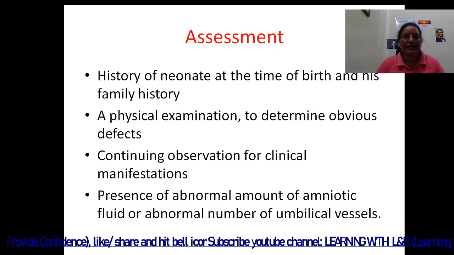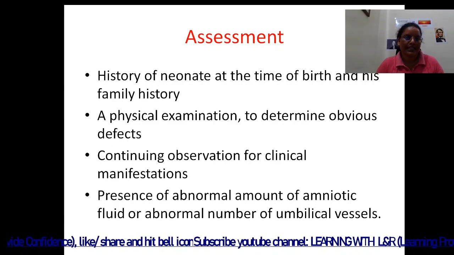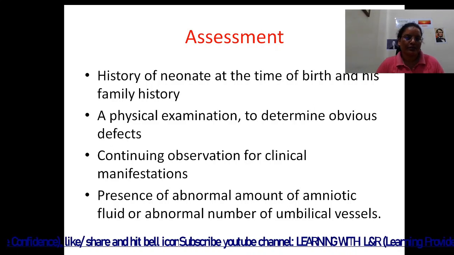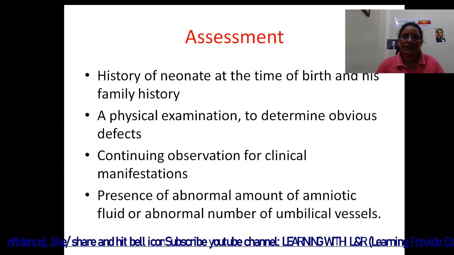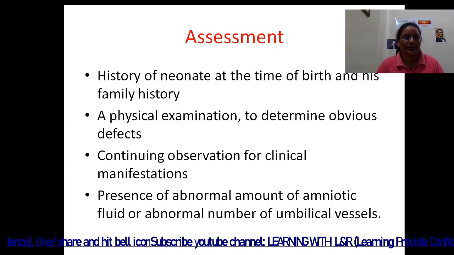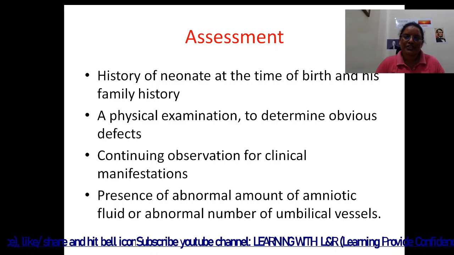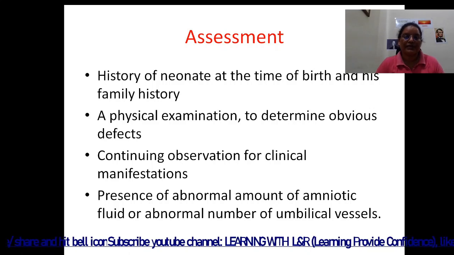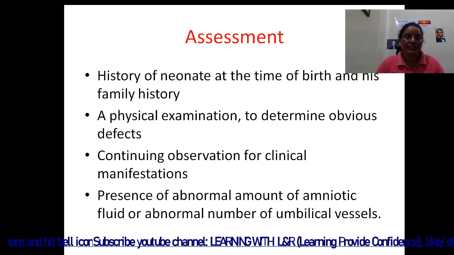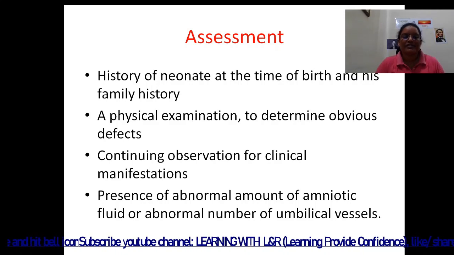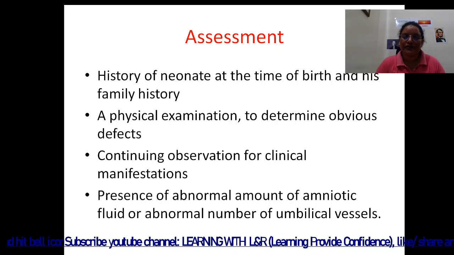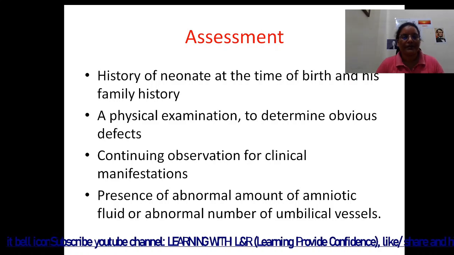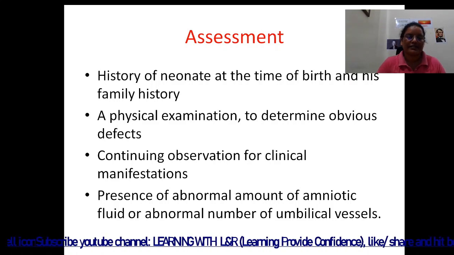How do we know in physical examination? Might be swelling of the abdomen, and we know about this by palpation of the abdomen. Continuing observation for clinical manifestations, as the child shows symptoms when it goes to advanced stages. Then presence of abnormal amount of amniotic fluid or abnormal number of umbilical vessels.